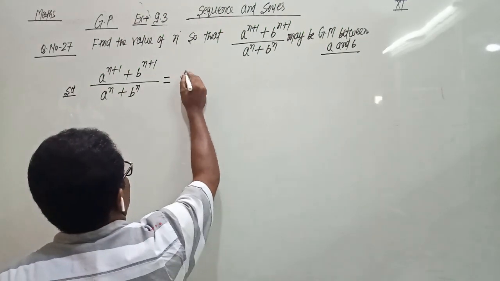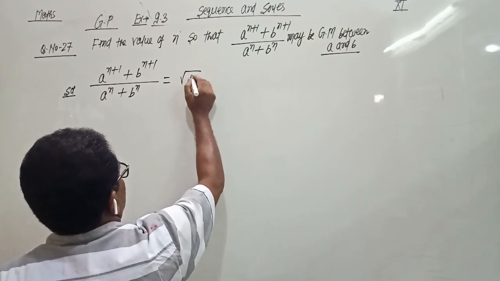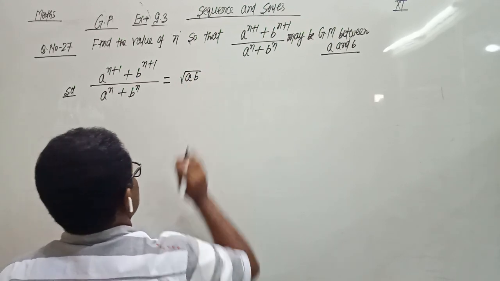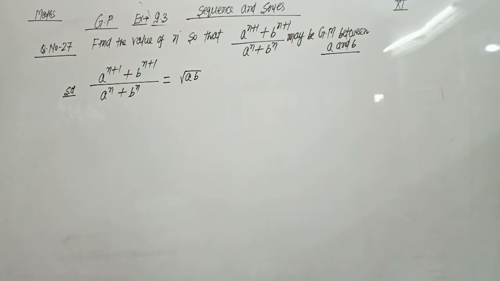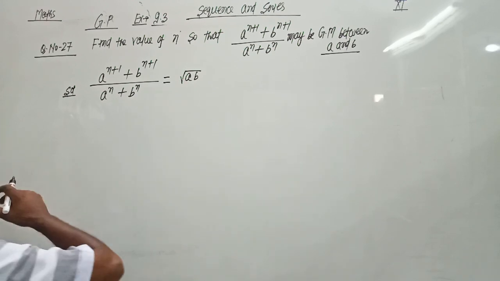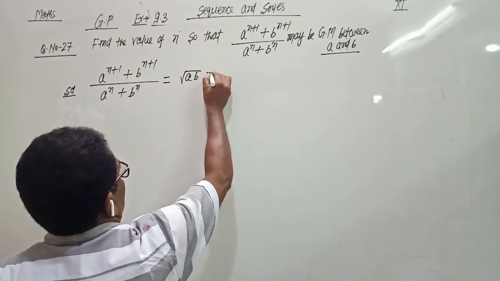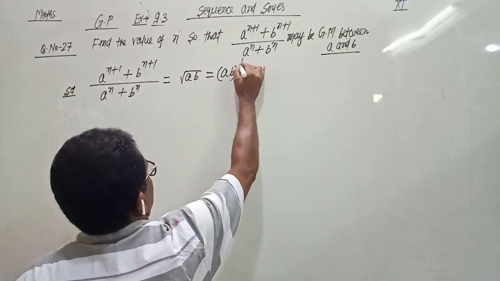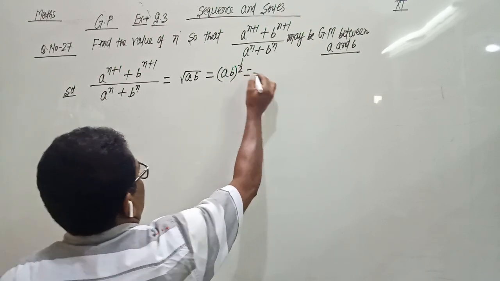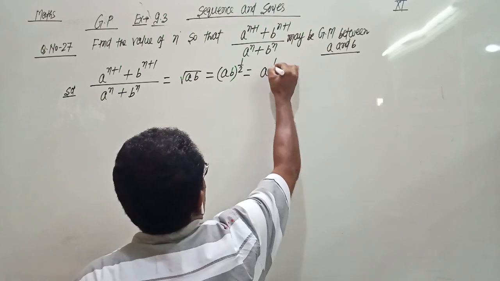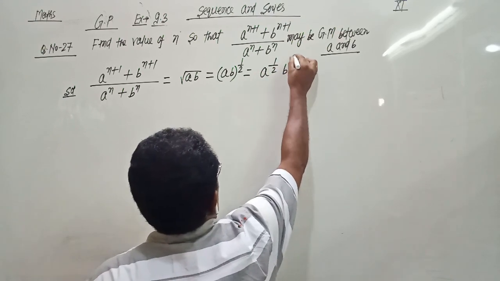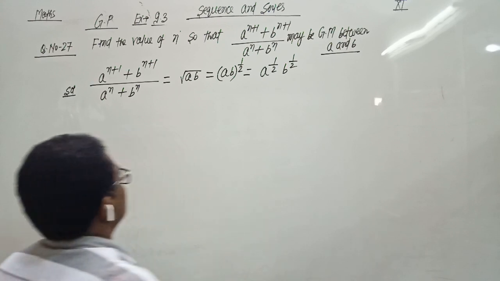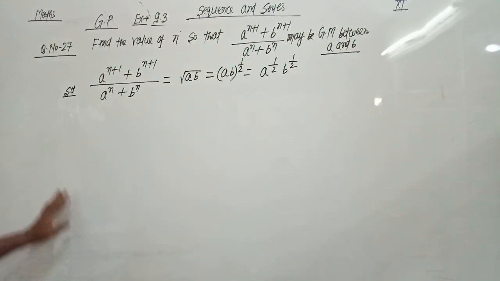The geometric mean between two numbers a and b is given by under root ab, which is written as (ab) whole raised to the power 1 by 2. In terms, it can be written as a raised to the power 1 by 2 into b raised to the power 1 by 2.